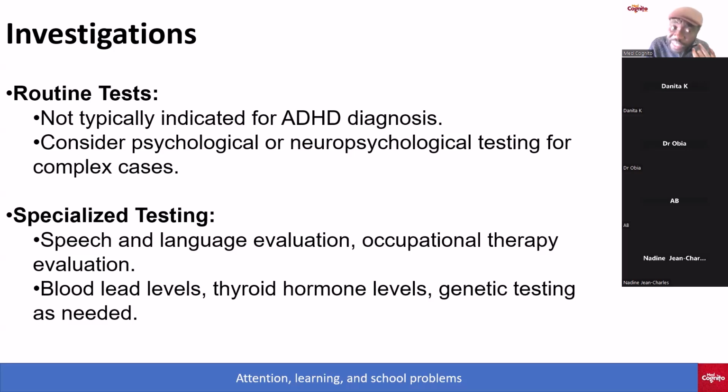You want to do speech and language evaluation, occupational therapy evaluation, and blood lead levels. Remember that it was stated in the MCC objective, right? There are some cases where you may want to do some unique tests, like blood lead levels, thyroid hormone levels, and genetic testing if necessary.